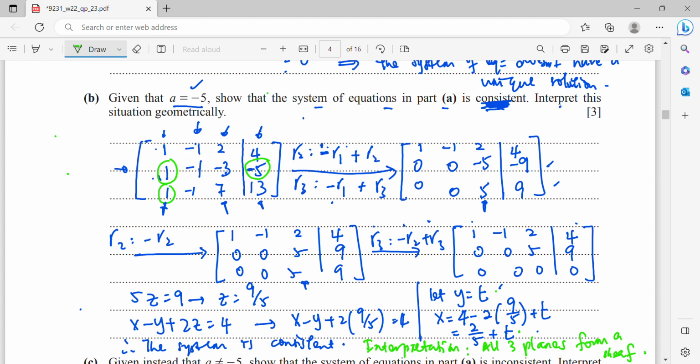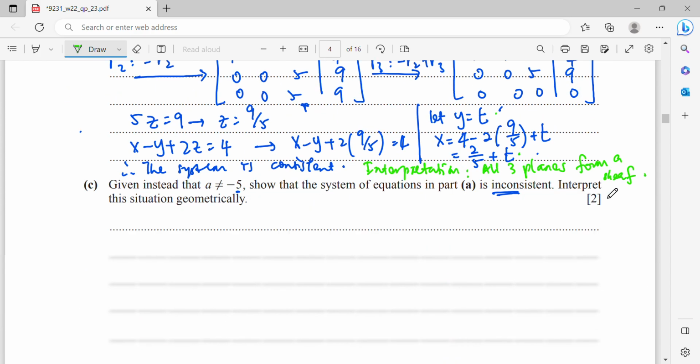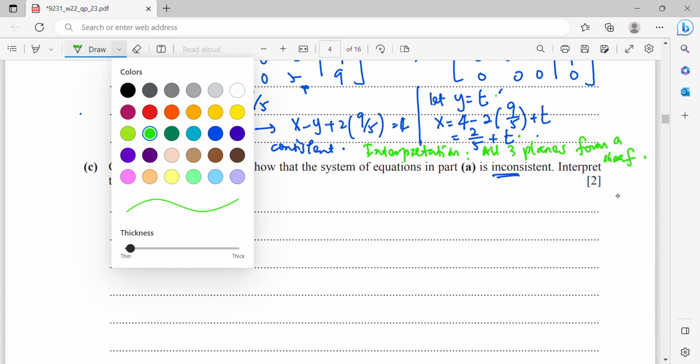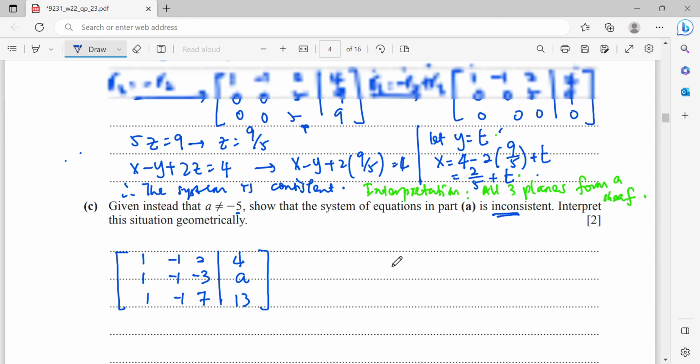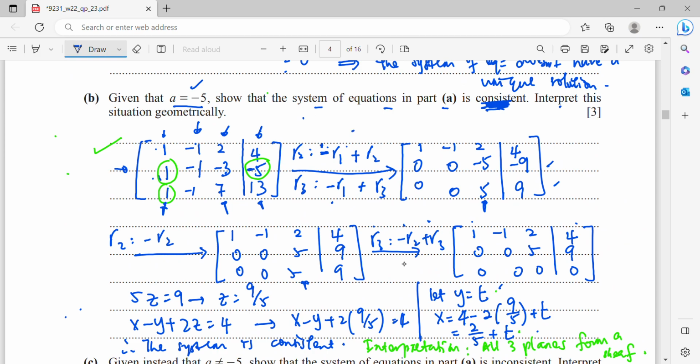Okay, in other words, we have to redo the row operation. So I will just copy back this whole augmented matrix from B. The row operations here will be exactly the same because a is on the right side, so it will not change the operations.